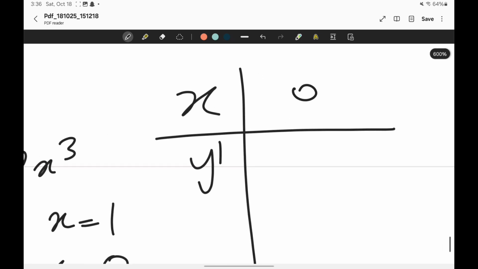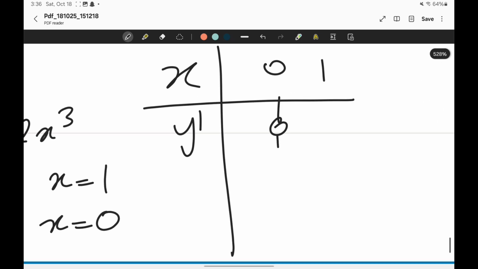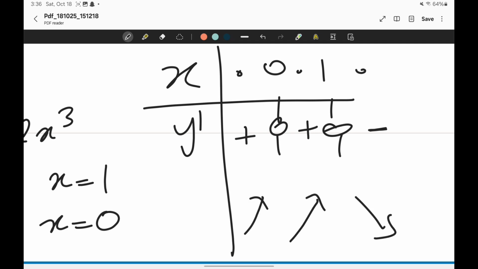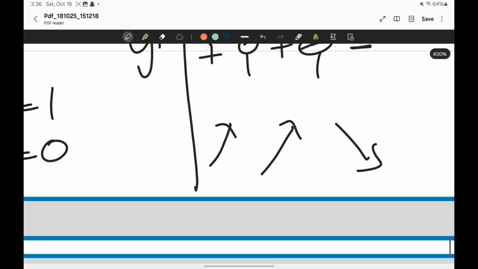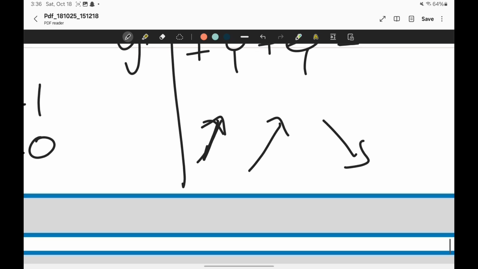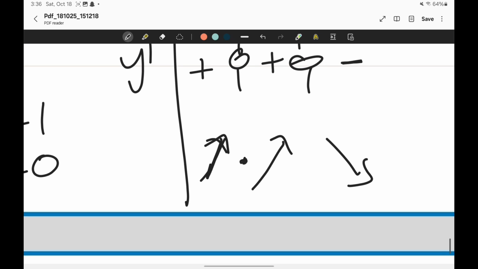Get 0, 1, this gives 0, this gives 0. Test a point here, it's positive. Test a point here, it's positive. Test a point here, it's negative. I mean, it's going up, then down. Okay, when we have two arrows going in the same direction in order, that means this point here is a saddle point. Yeah, so this is a saddle point and this is a maximum.